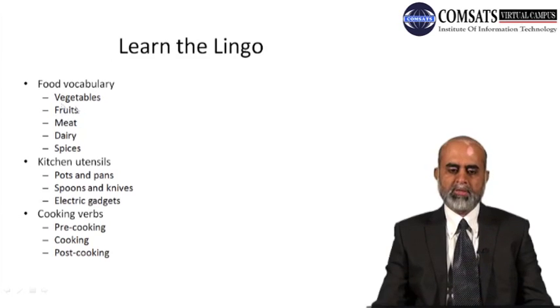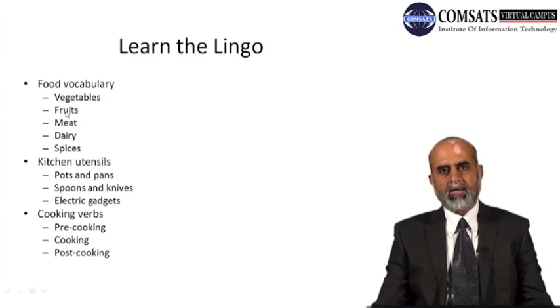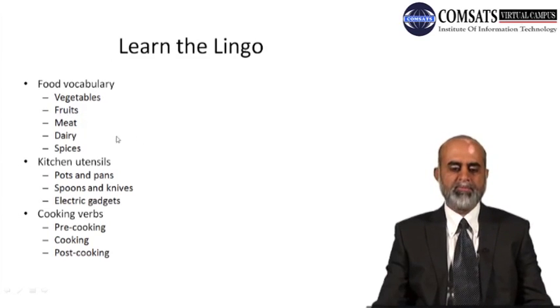Think about fruits. How many fruits can you count again in English? You have lychee, you have peach, you have apricot, you have plum, mango, banana, pineapple, cherry, strawberry, etc., etc. So you have plenty of fruits.